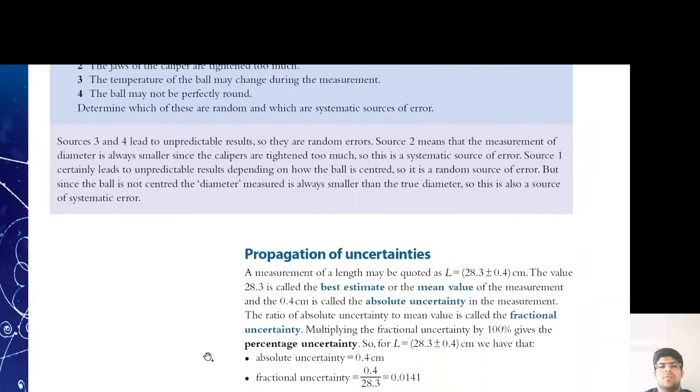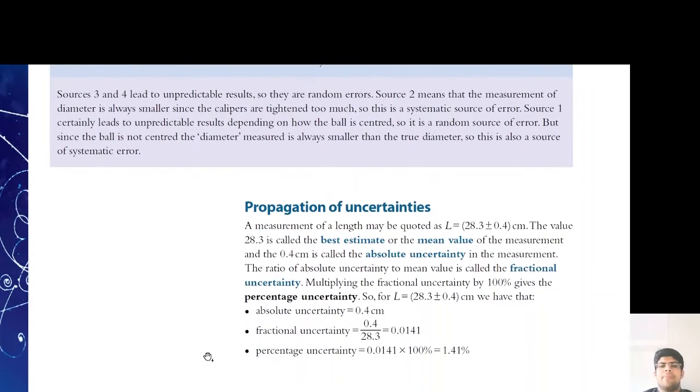Now let's move on to the propagation of errors, or rather the propagation of uncertainties. A measurement of the length may be quoted as L equals 28.3 plus or minus 0.4 centimeters. The value 28.3 is called the best estimate or the mean value of the measurement, and the 0.4 centimeter is called the absolute uncertainty in the measurement.